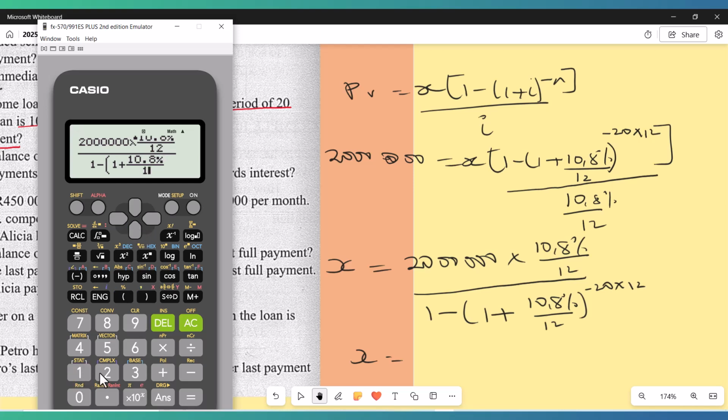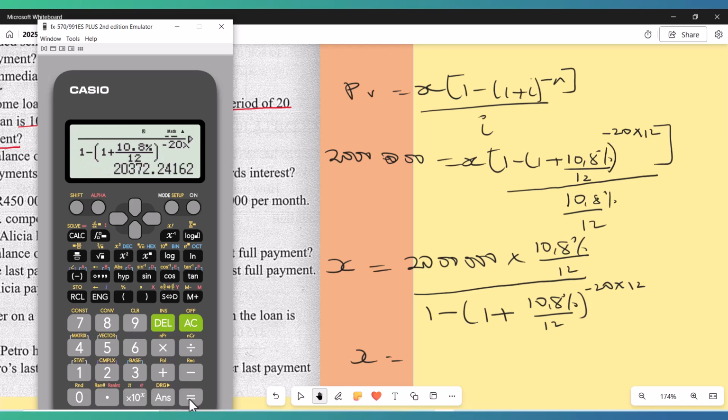Don't forget the power: power negative 20 times 12. Hope we are together, so here we go.